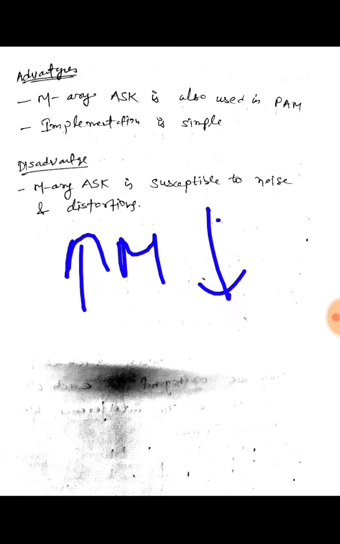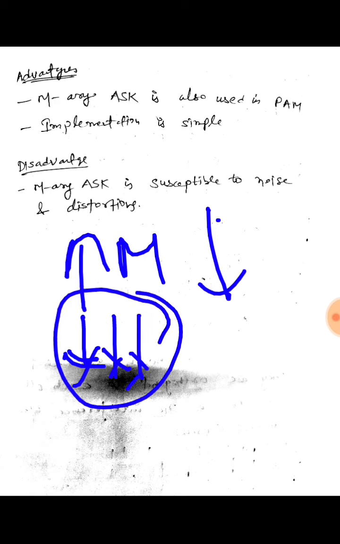As I have already said, if we increase the number of levels, that is M, then the distortion and the noise will also increase, as the distance between the two symbols is decreasing, and there can always be a possibility of distortion. So it will be very difficult to extract our information in the original form.